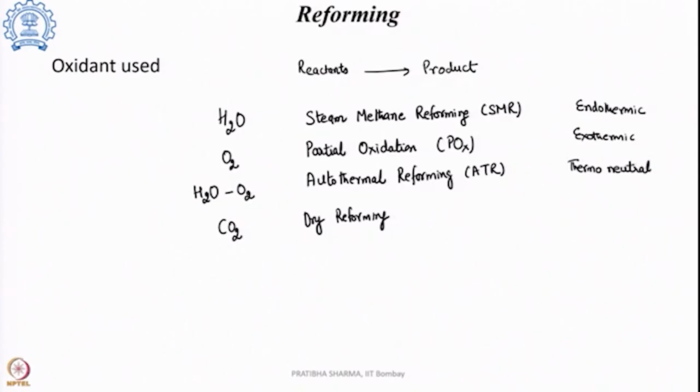Again there can be other combinations as well, like it could be carbon dioxide and oxygen, it could be all the three: oxygen, carbon dioxide and steam. So, these combinations can also be used for the reforming process.